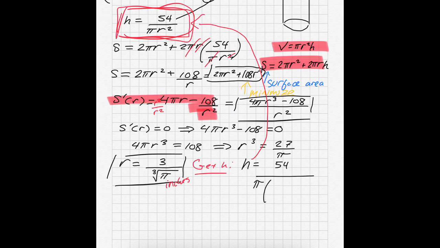So it's 54 over pi and then my r squared. What is that going to be? It's 54 over 9 pi to the 2/3, so 54 over pi times 9 over pi to the 2/3.